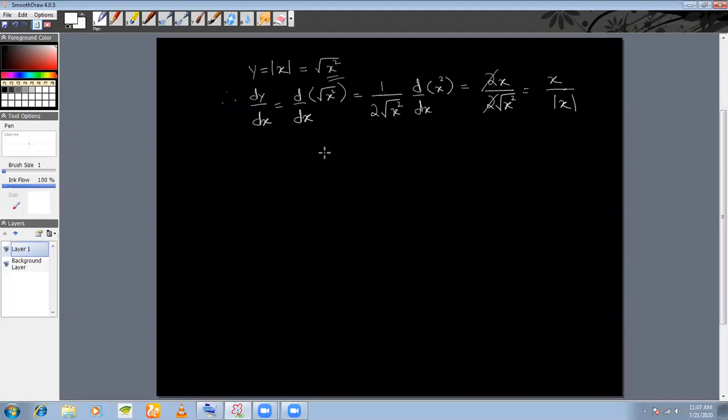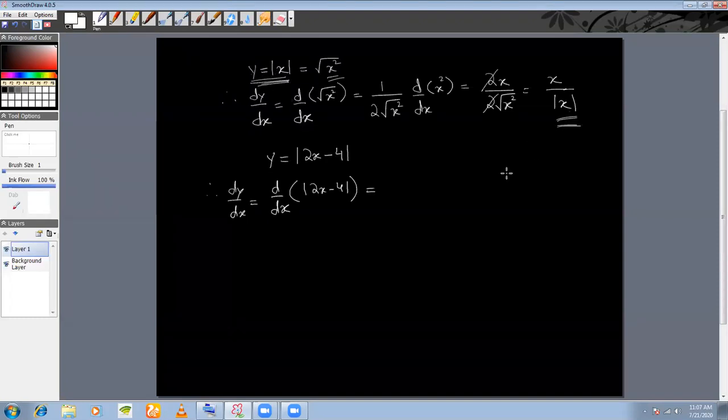A simple example of this is, suppose I give you differentiate y is equal to mod of 2x minus 4. How will you differentiate? Now by this rule, you know that y is equal to mod x has differentiation x by mod x. So first we write dy/dx is equal to d/dx of mod 2x minus 4. You know that when y is equal to mod x, dy/dx is x by mod x, isn't it?